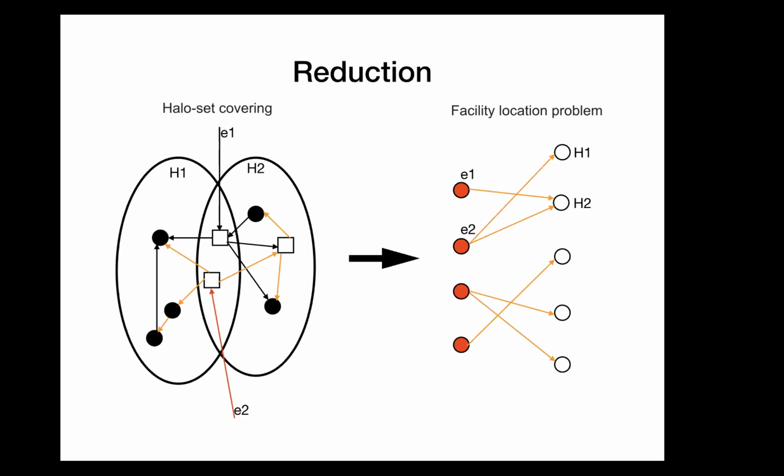And each facility can serve several clients with different costs, presented as the orange edges. Okay, so we can choose whether to open a facility or not, and which group of clients is served by such a facility. Our goal is to minimize the cost, such that each client is served by at least one facility.